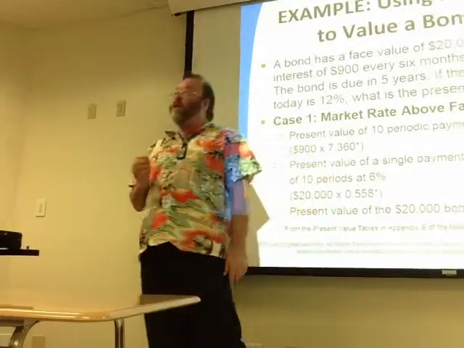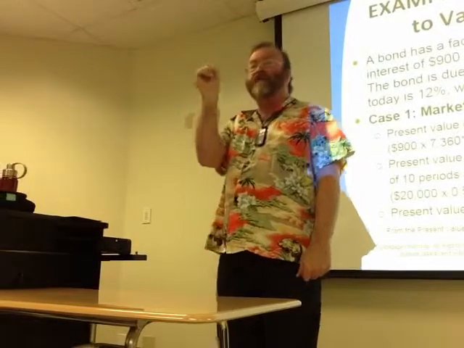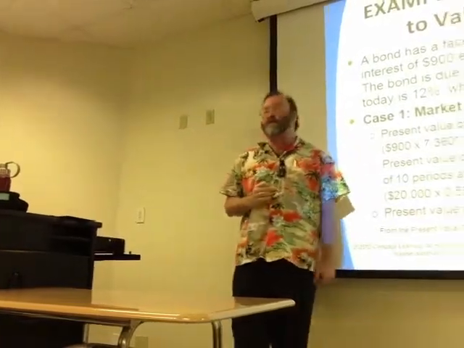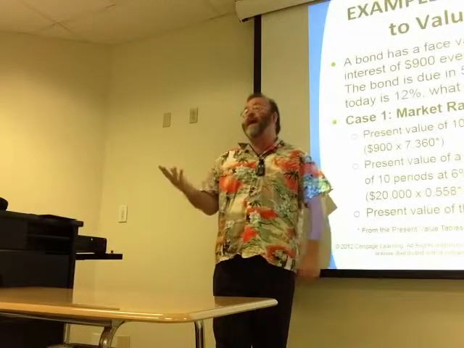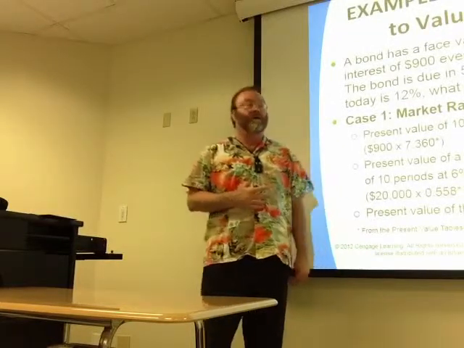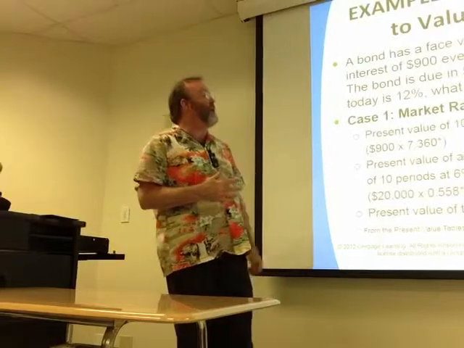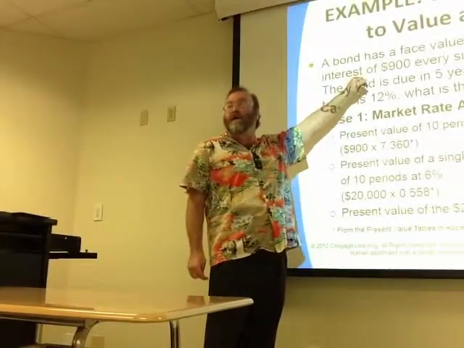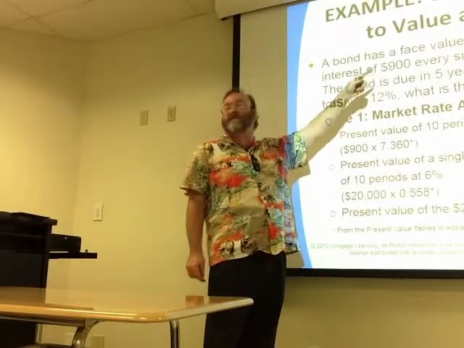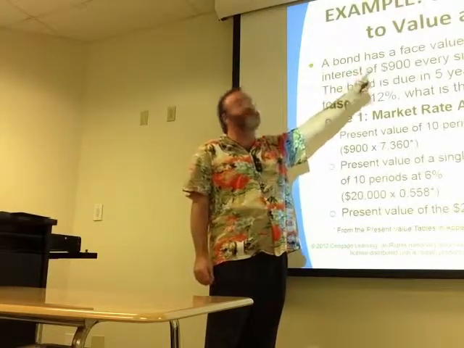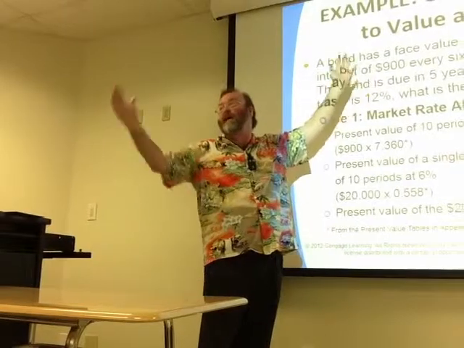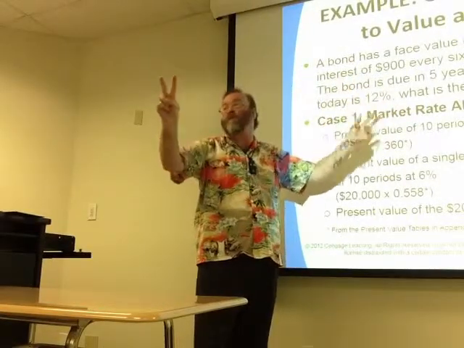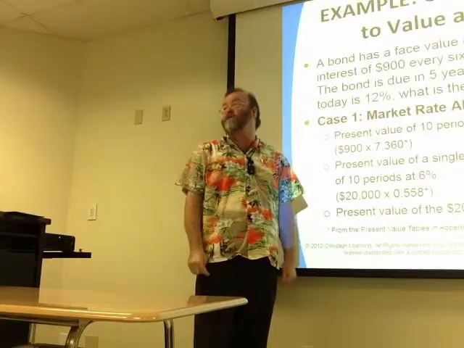In reality, what is the effective, the actual interest rate that that bond's paying over the 10 periods? It's half of the annual. If it's paying 9% annually, 9% of $20,000 is $1,800 annually. In reality, it's paying it twice a year, $900.